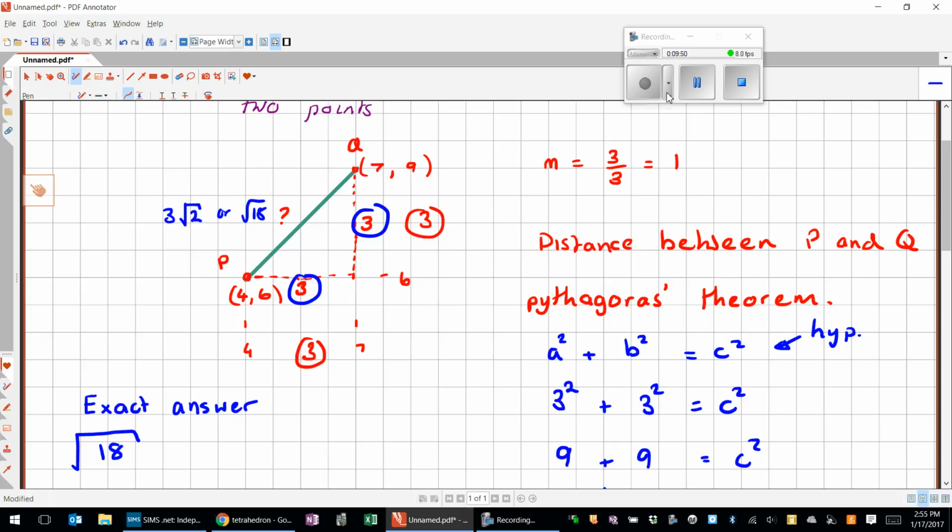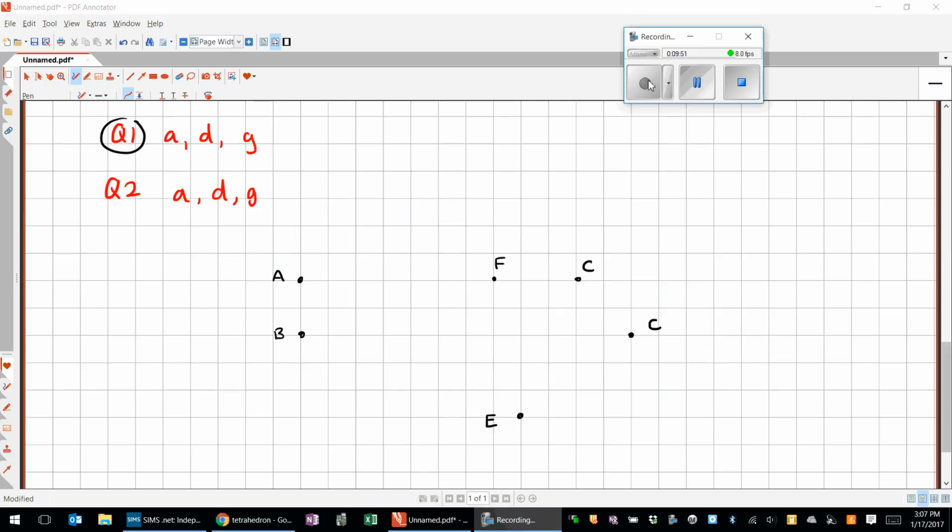Right, so I'm just going to go through question 1. What I've done is taken the diagram and drawn dots on my screen. I've not drawn the axes because the actual coordinates don't matter. It's just the distance between. Maya asked a great question: if one is on the negative side and one is positive, does it matter?